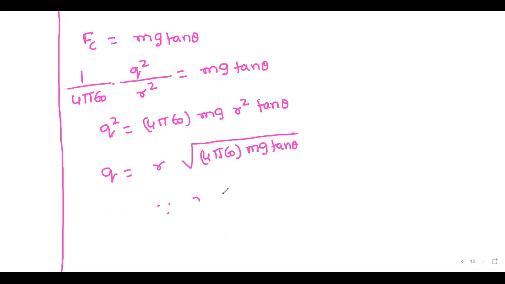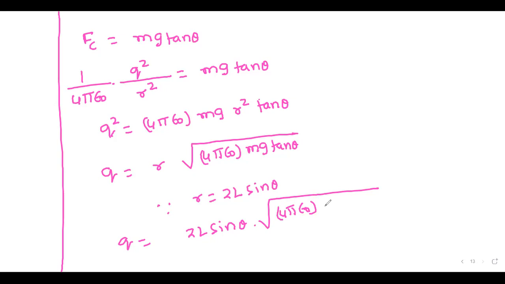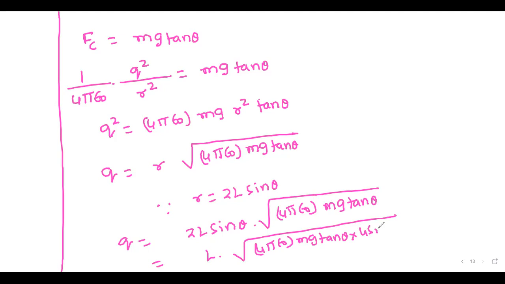Since r is equal to 2L sine theta, q is equal to 2L sine theta times under root 4 pi epsilon naught mg tan theta. Taking 2 sine theta inside, we get L times under root 4 pi epsilon naught mg tan theta times 4 sine square theta.